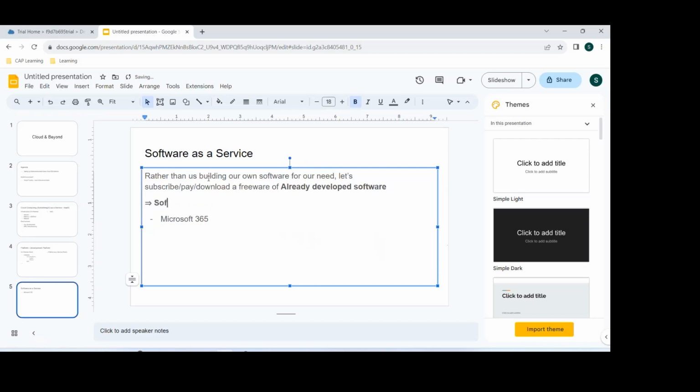And we can call it software as a service. Software as a service.